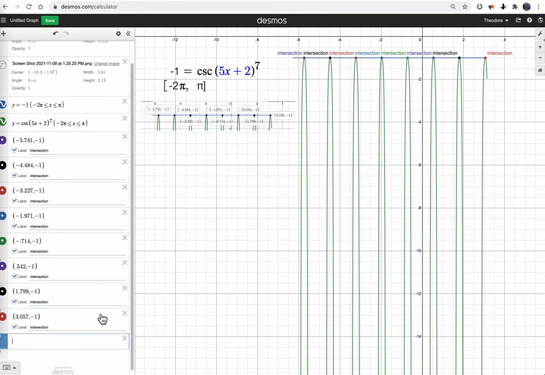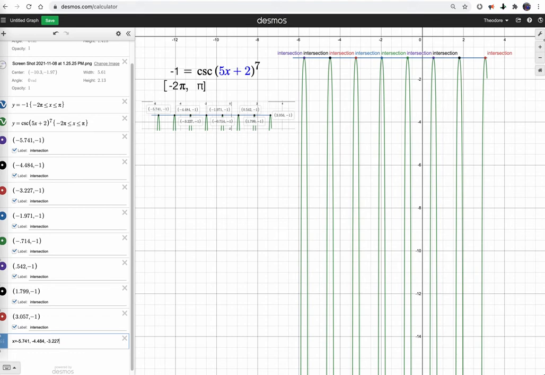All right, and so then I would just want to state what my final answer is. So x would be equal to negative 5.741, negative 4.484. So very tedious, but I promise you it's a whole lot more straightforward than having to do this by hand. All right.